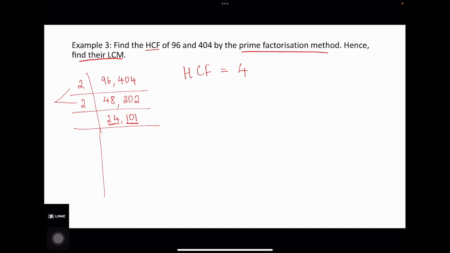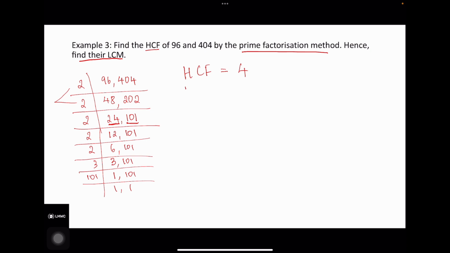So concentrating on the first number 24, 2 times 12, and 101 will be as it is. Again, 2 times 6, 101 copied down. 2 times 3, 101 copied down. 3 times 1, 101 copied down. And 101, 1 comma 1.